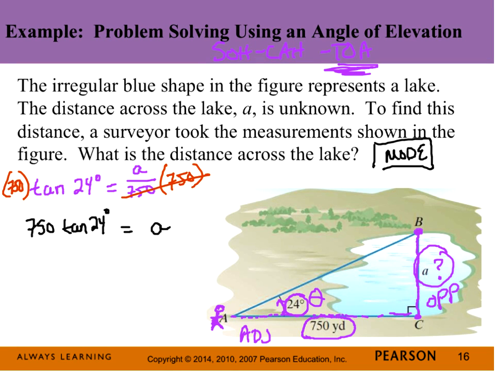And so when I put 750 times the tangent, and you've got a sine, cosine, and tangent button on your calculators, and then the second functions, let me write this out for you. So I have a sine button, and the second function looks like this. Sine -1, that's the inverse. So that's going to be your cosecant.